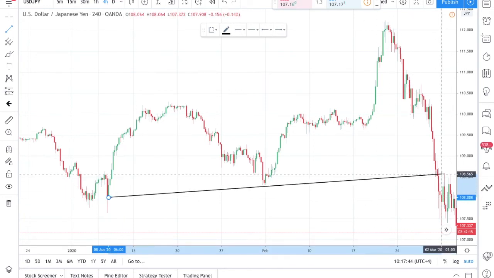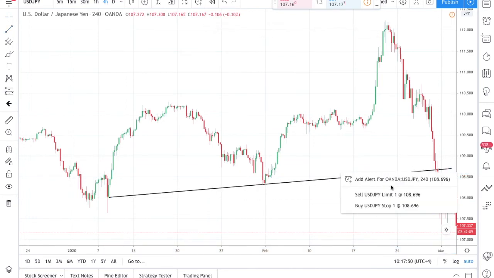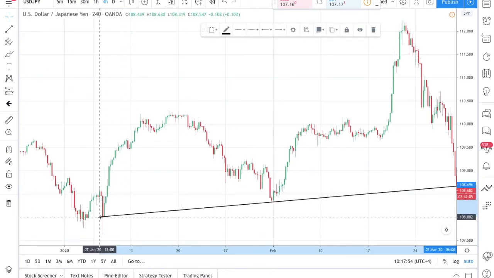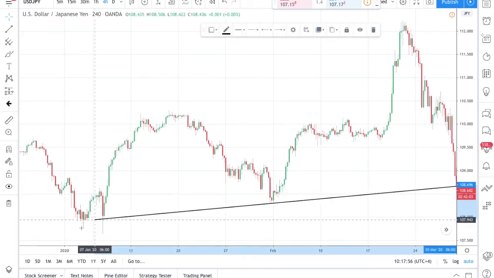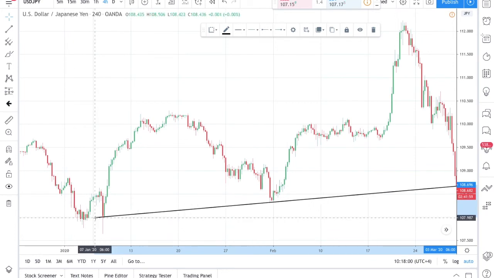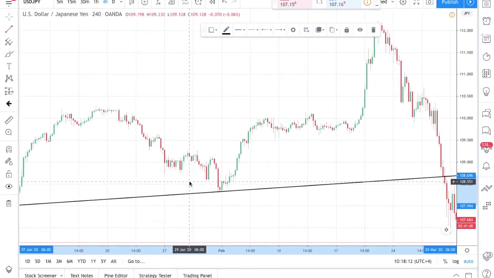So guys, actually we have this too, but anyway, I'm gonna use this. It doesn't matter which one you use, it should be from support to support, that's it. And here it should be touched, yes.